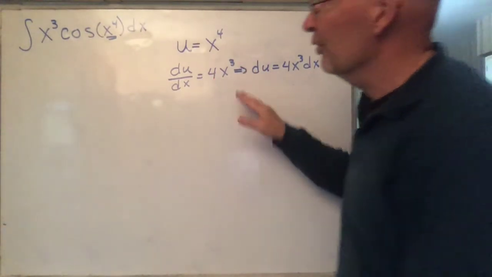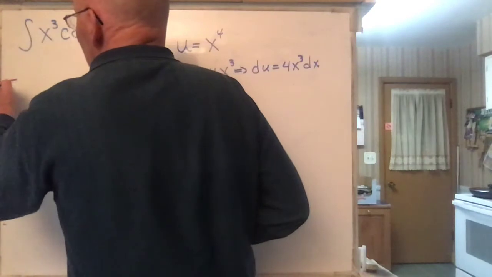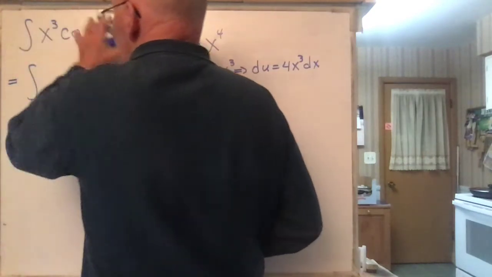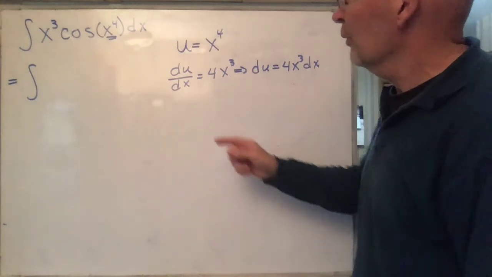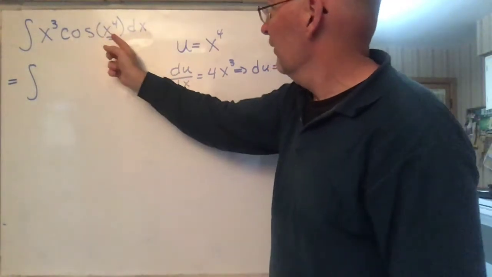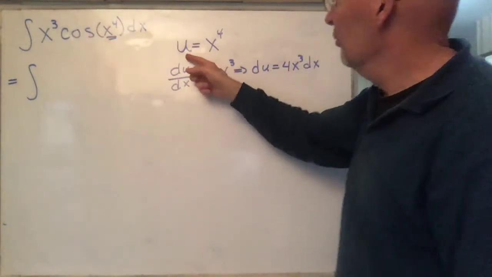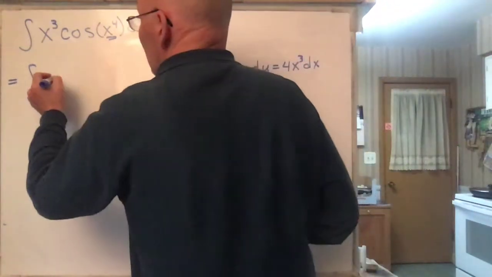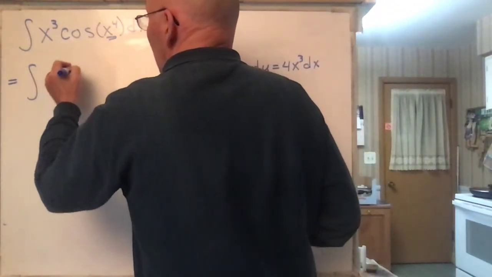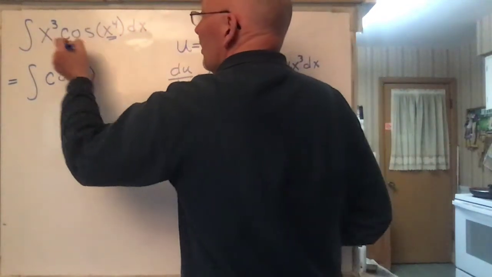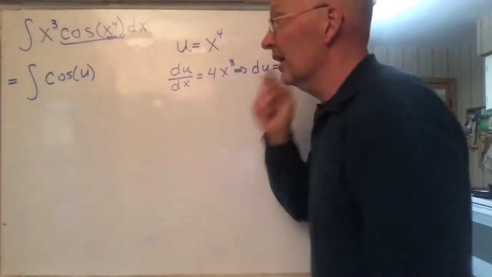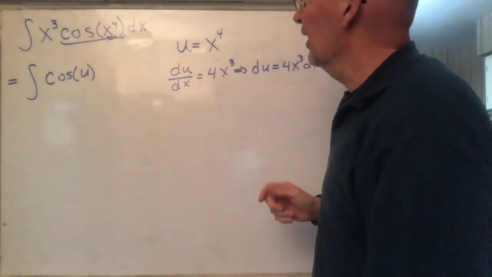So here we go. Now what we need to do is get this whole thing in terms of u rather than in terms of x. So how do we do it? We have a cosine of x to the fourth. That's going to become cosine of u. So that takes care of this. Now, if we can get everything else in terms of u, we're all set.